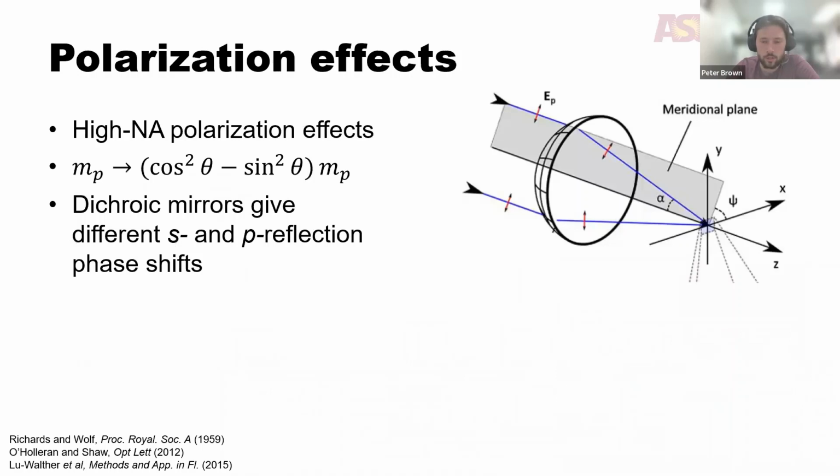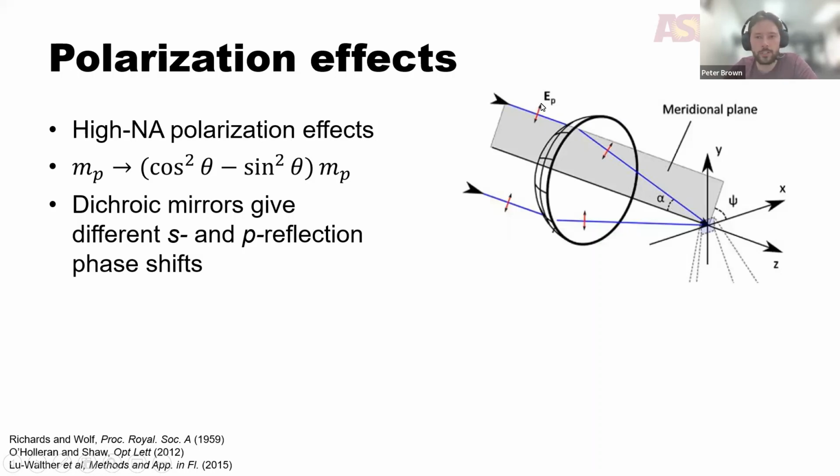One of the effects that can really limit the modulation contrast in your system is a high numerical aperture polarization effect for p-polarized light, if you have any p-polarized light in your SIM setup. So here I'm illustrating two SIM beams that are refracted by an optical system and then interfere in your sample plane.